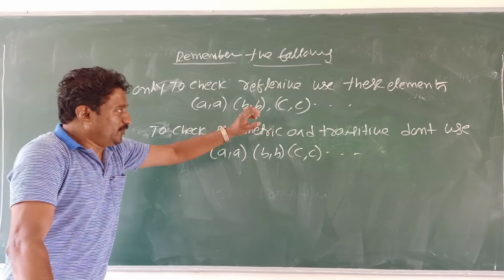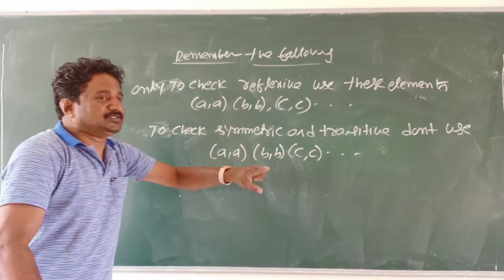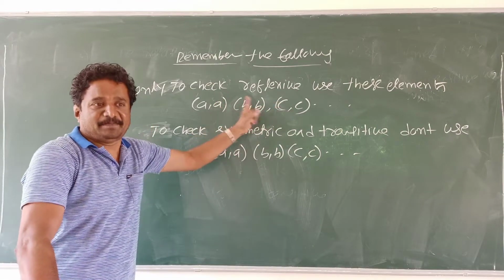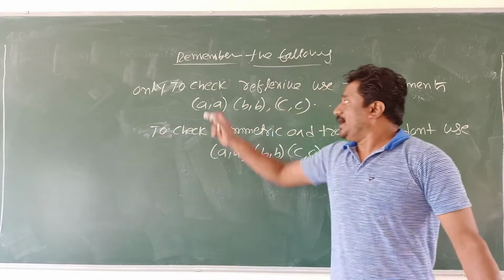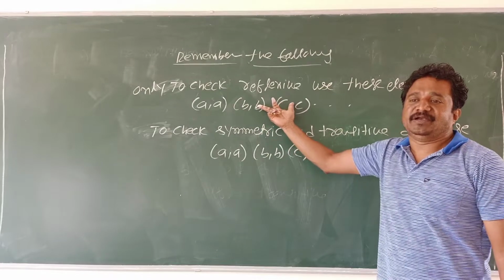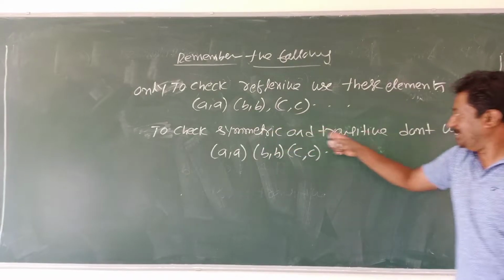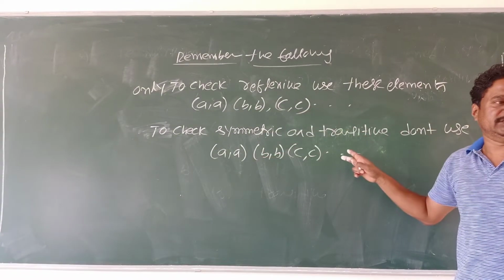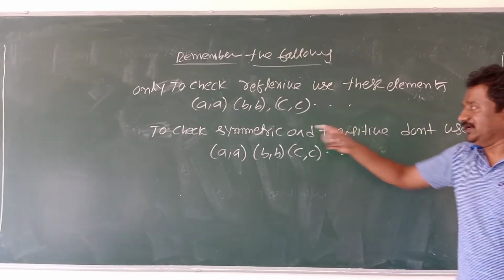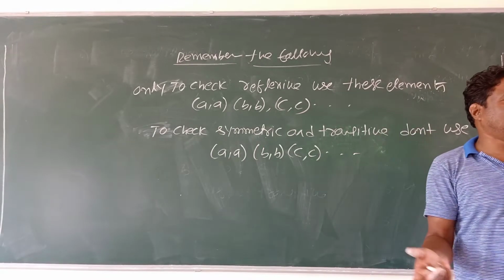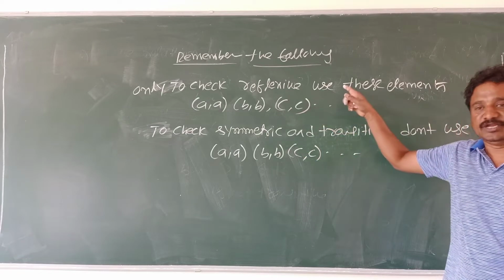These elements are related only to reflexive relation. Except for reflexive, for symmetric and transitive, don't use these things. If you use these elements to check transitive and symmetric, it's nothing but wasting your time. You use these elements only to check reflexive.